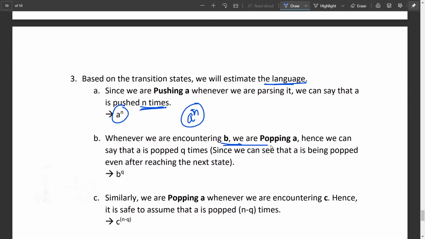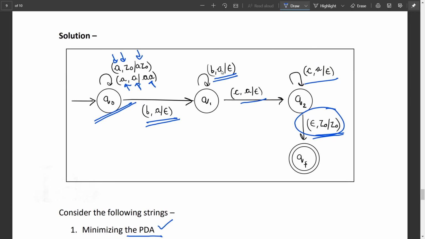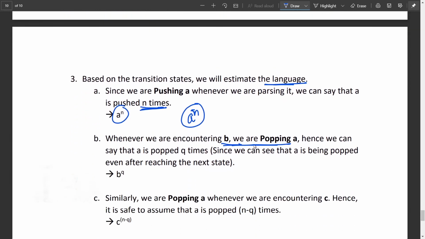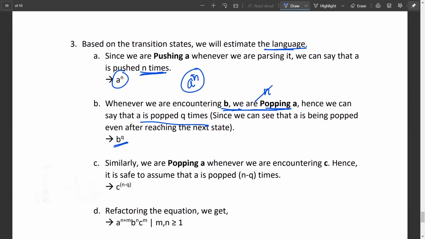Whenever we encounter a B, we are popping an A. But notice that it doesn't stop there, we also pop A whenever we encounter C. So that means that we are not popping n A's for B. We can just assign a variable Q for this. So we are popping Q A's. A is popped Q times for the number of B's, hence the occurrence of B's will be B raised to Q.